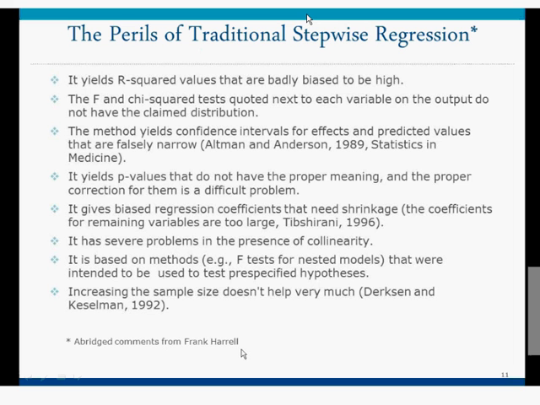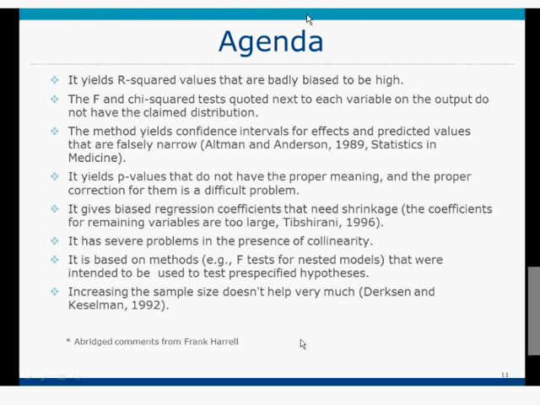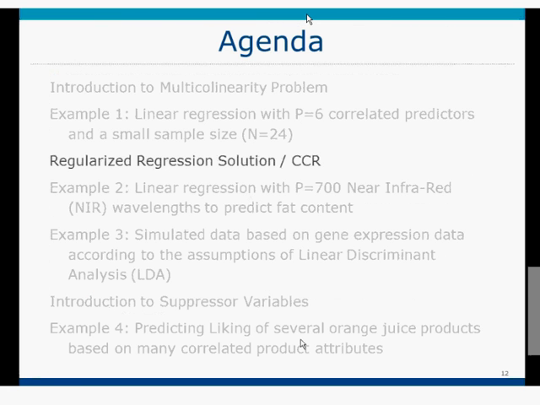And Frank Harrell, who is an expert in stepwise procedures and high-dimensional data regression, this is obtained from his website and his book also. It yields R-squared values that are badly biased to be high, etc. I'll let you look at that. Okay, so the general solution is regularized regression. So what is regularized regression, and what is correlated component regression in particular?